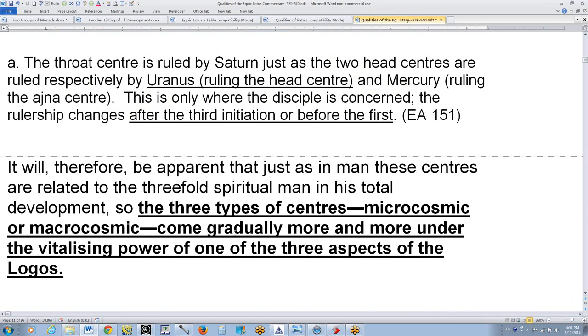Says the Tibetan, it will therefore be apparent that just as in man these centers are related to the threefold spiritual man in his total development. So the three types of centers, microcosmic or macrocosmic, come gradually more and more under the vitalizing power of one of the three aspects of the Logos.